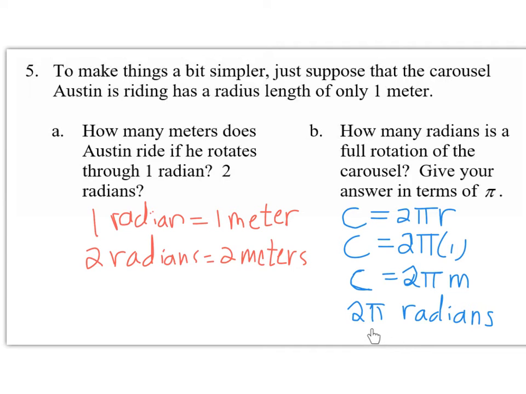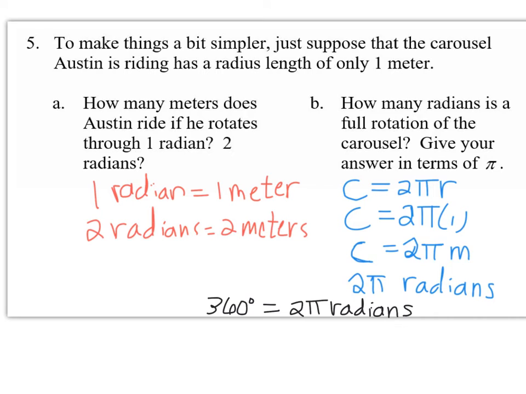So an angle of 360 degrees is the same thing as 2 pi radians. Here, we'll write that. Now, mind you, the number 360 is not the same as the number 2 pi. 2 pi, we were talking about this in class, is about 6.28, but 360 degrees is equivalent to 2 pi radians when you're measuring angles in standard position.